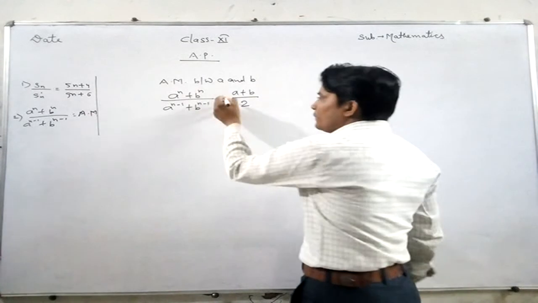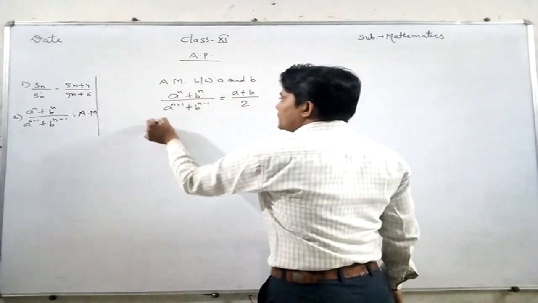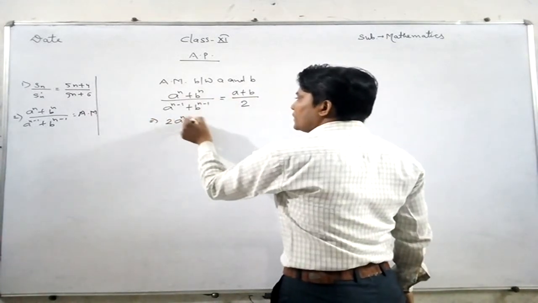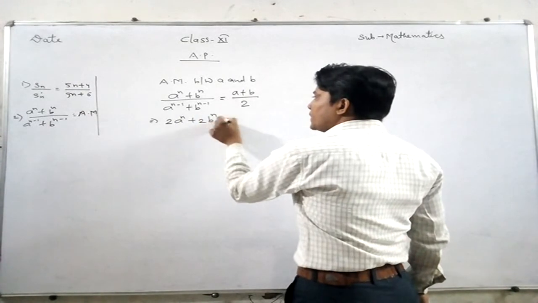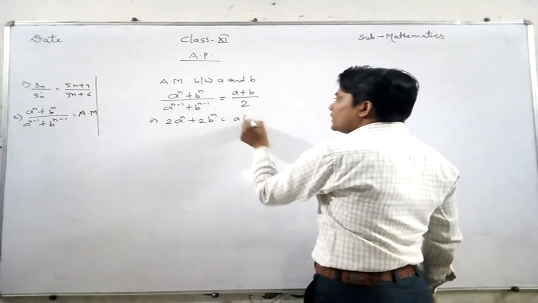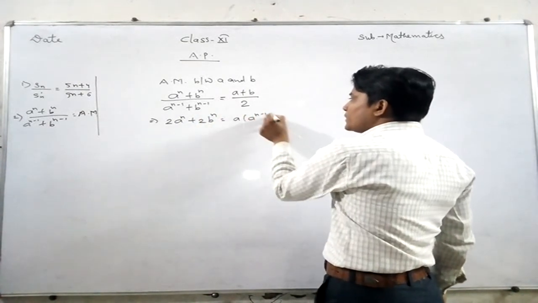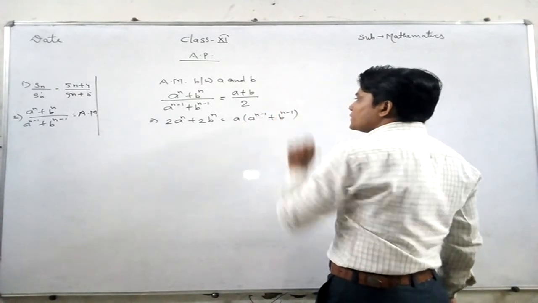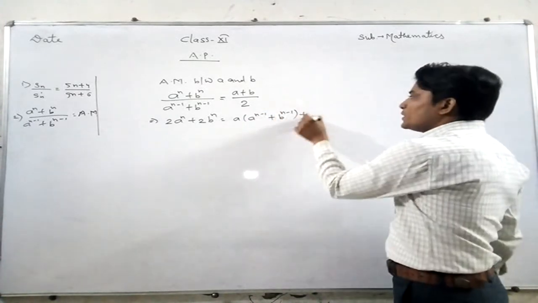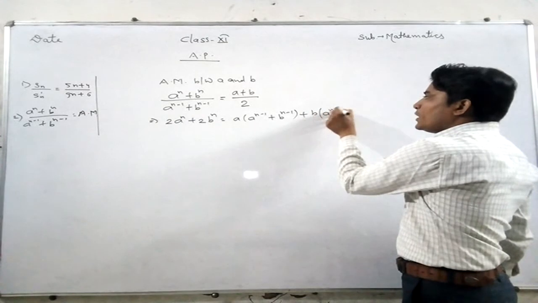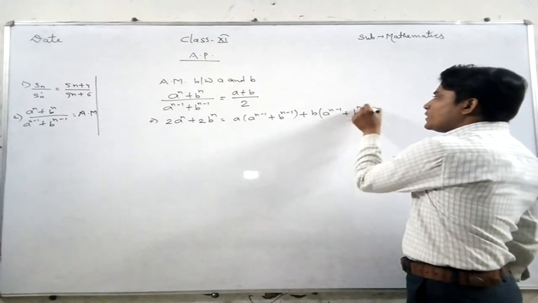So if we cross multiply, we get 2an plus 2bn equals a into an minus 1 plus bn minus 1, plus b multiplied by an minus 1 plus bn minus 1.